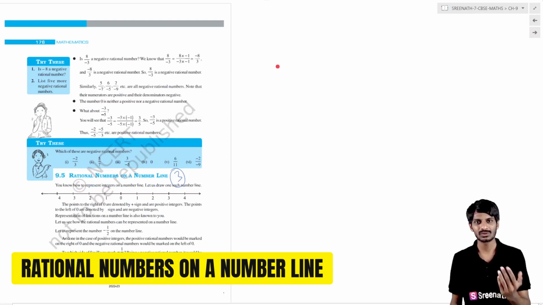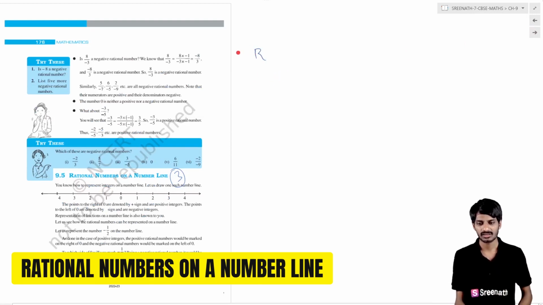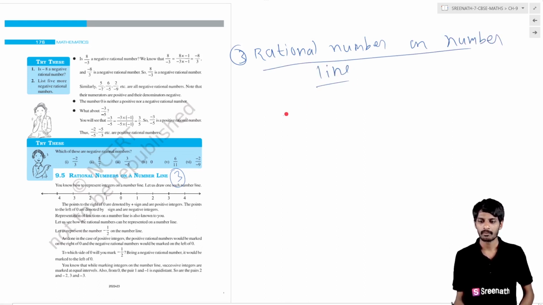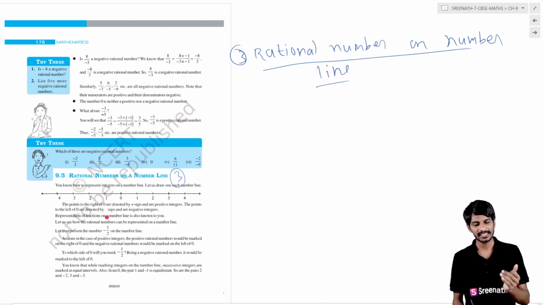We are entering into the third topic, rational numbers on the number line. How will we represent rational numbers on the number line? Basically, we know how to represent integers on the number line. This is the number line and these are the integers. This is 0, 1.